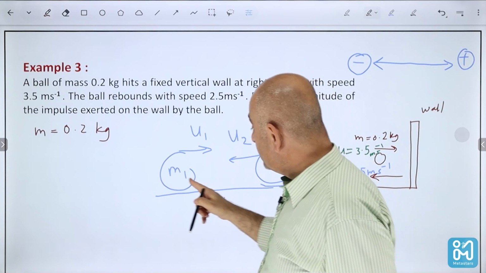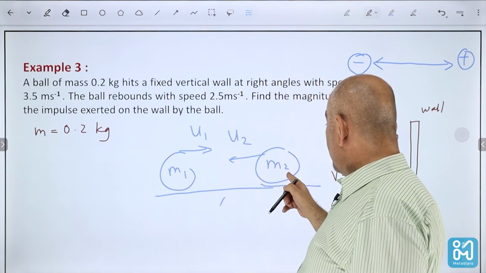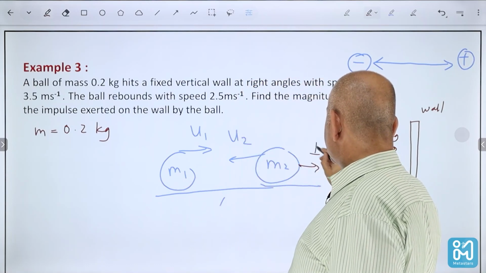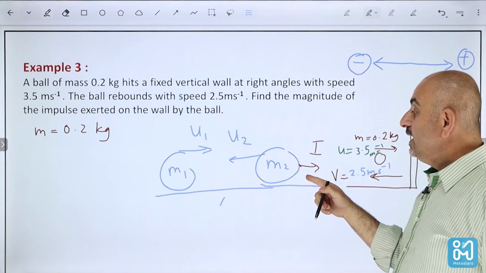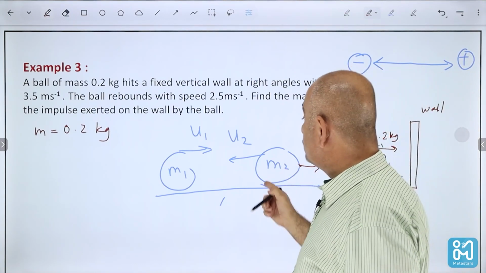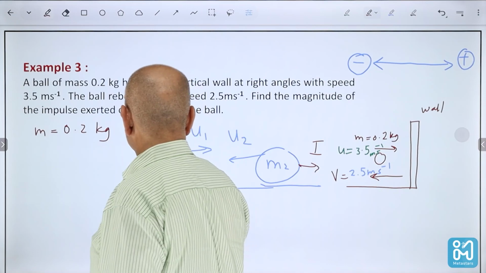So the impulse exerted by M1 on M2 will be this way. That's the direction of the impulse on M2. And the impulse exerted by M2 on M1 is in that direction.